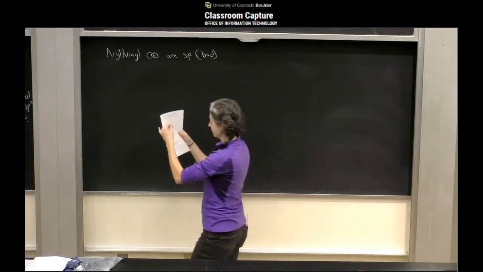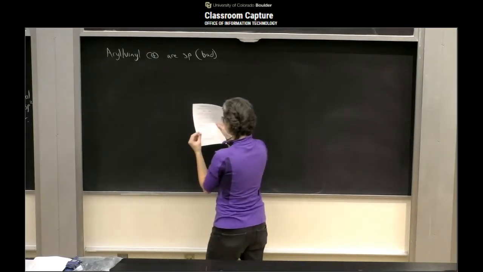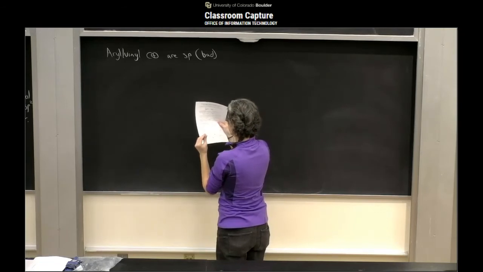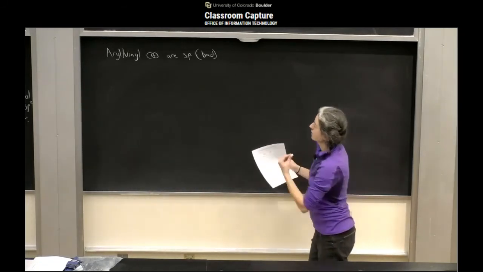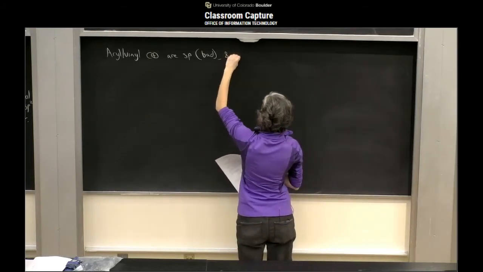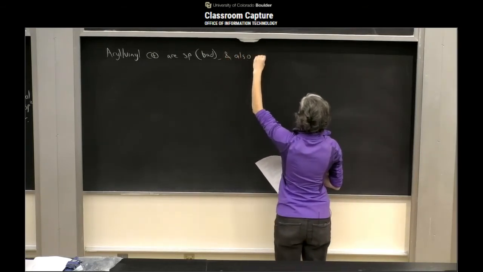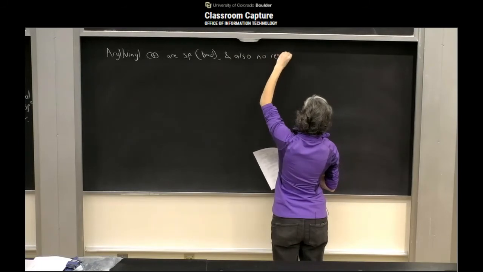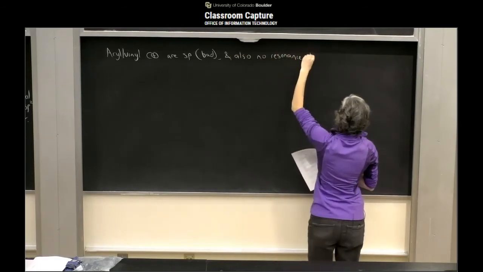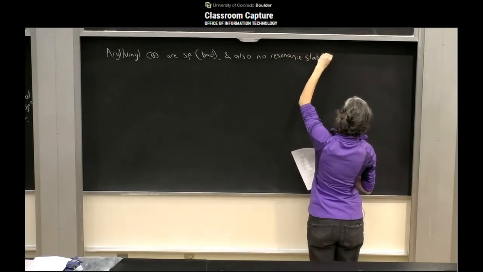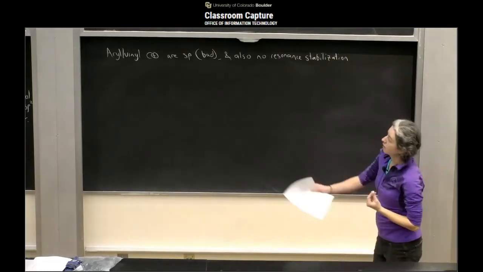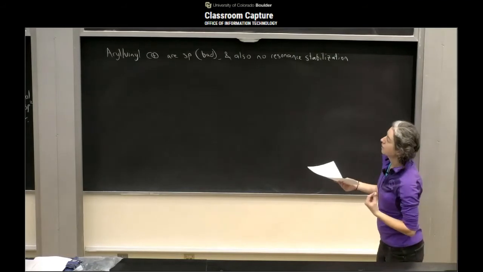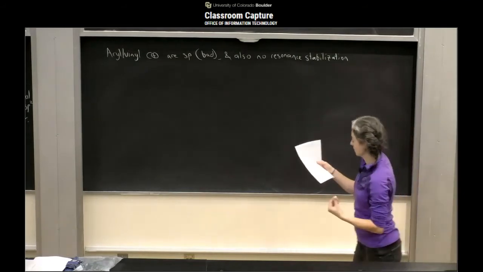So not only are there hybridization costs, there's also no resonance stabilization available, like there would be for the stuff from last chapter, say allylic and benzylic stuff.